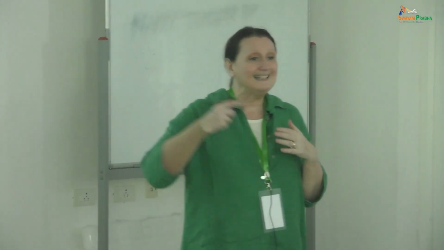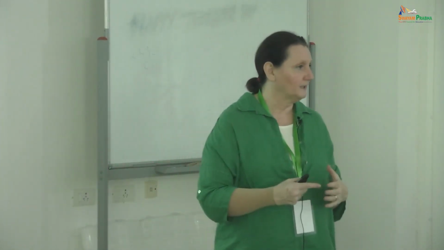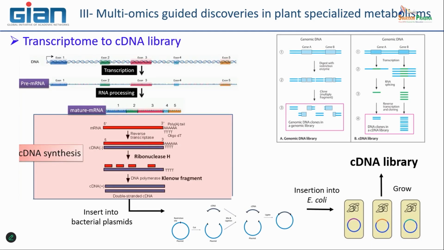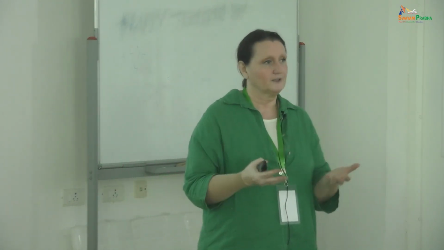So the cDNA library is also not as complete as a genomic library could be. And also, when you have a set of mRNA, they are not expressed at the same level, depending on stimulation of their expression.